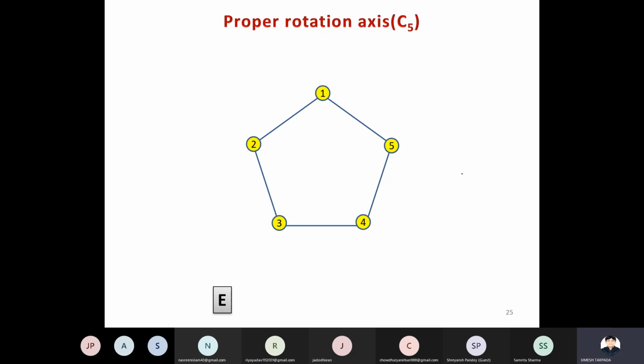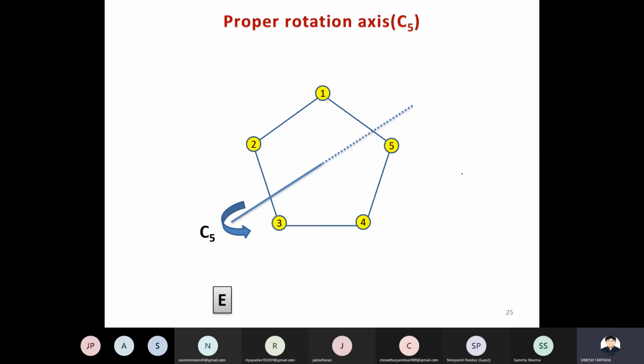This is cyclopentane. 360 circle is divided into how many parts? Circle is divided into 5 parts. So this axis is, you can say, C5.